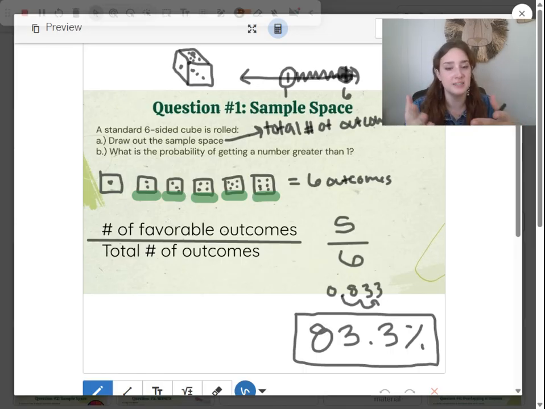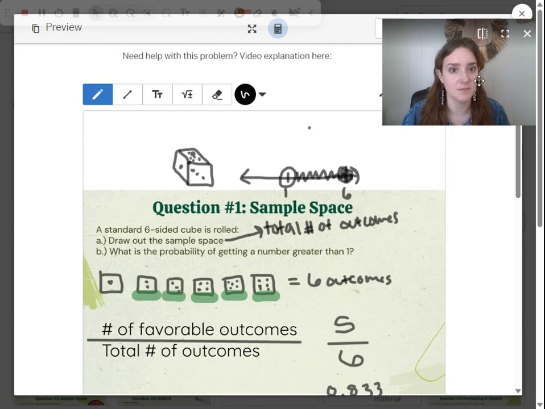If you're rolling a 6-sided dice and you're trying to roll the number 10 on one roll, that's impossible because there is not a number 10 on a 6-sided dice, unless you have a fancy dice that does that. All right, so 83.3% chance for this one.